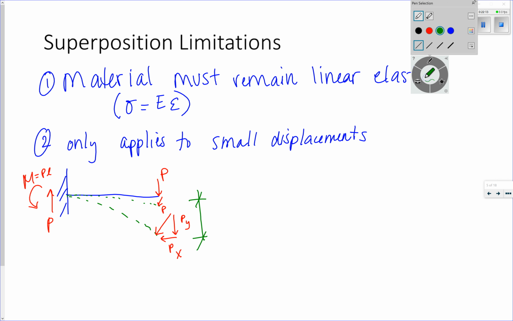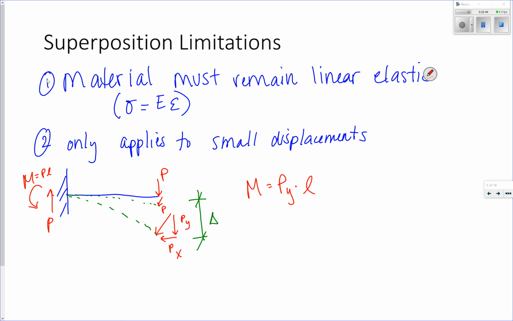So if I were to solve for the reaction moment, not only do I have to take into account the Py, right? My moment reaction would be Py times my length, but I also have a moment of Px times this deflection.